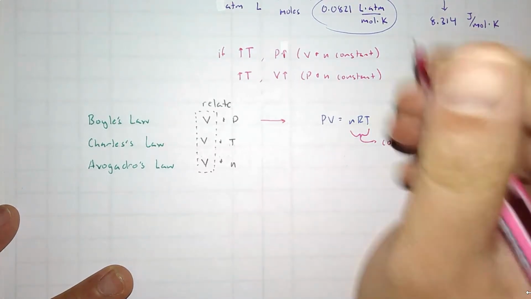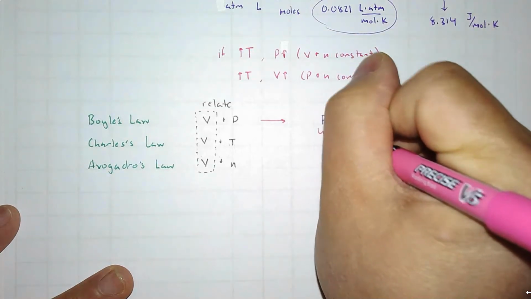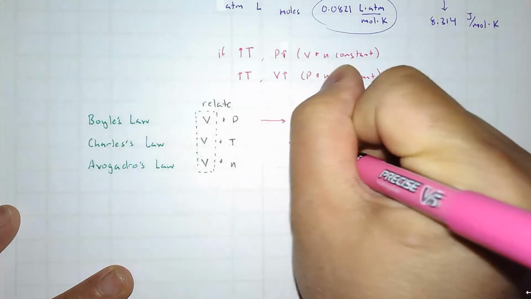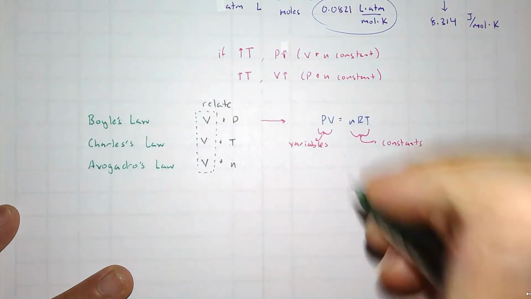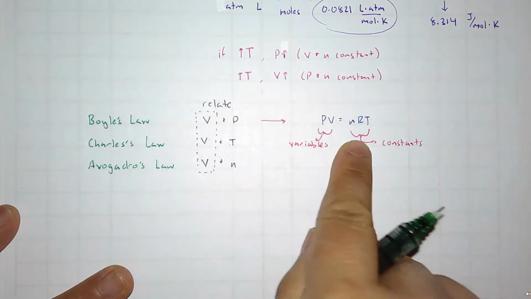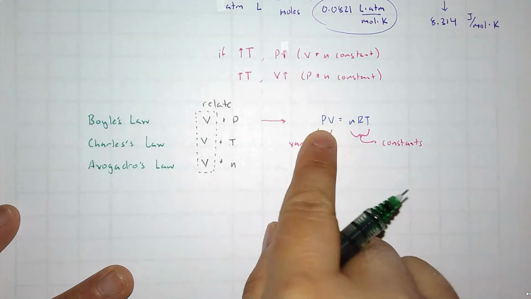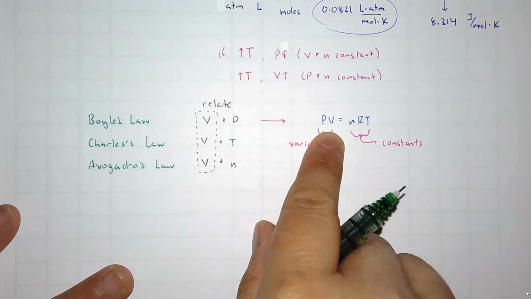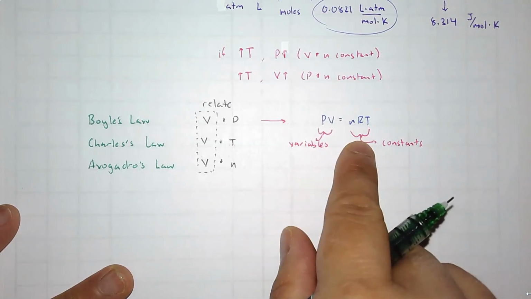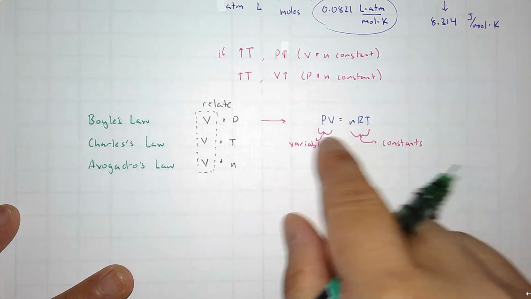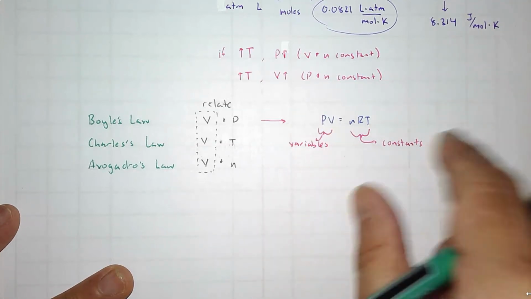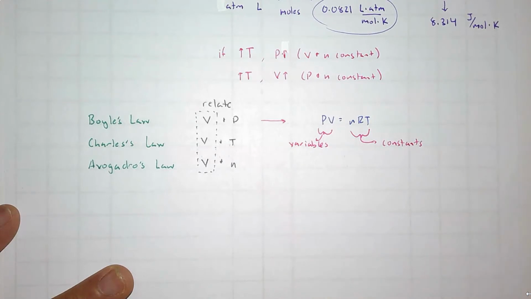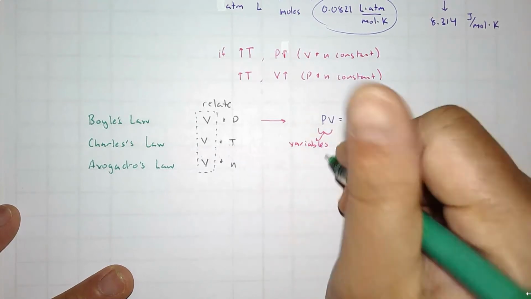So we have constants on the right, variables on the left, and that is going to give us Boyle's law. Since this is a constant, whatever pressure and volume we have in the system, it's going to equal a constant, and that's going to equal another set of pressure and volume, and that equals a third set of pressure and volume. Those are all equal to some constant.